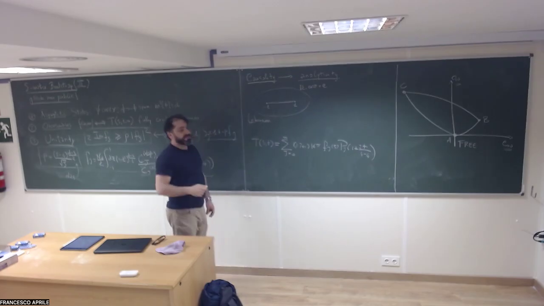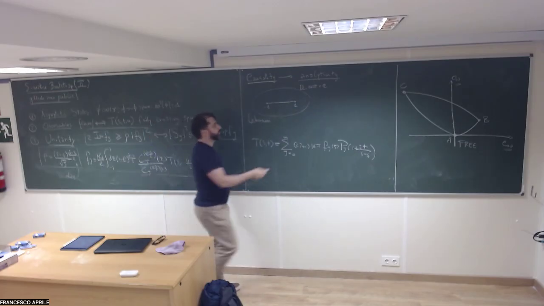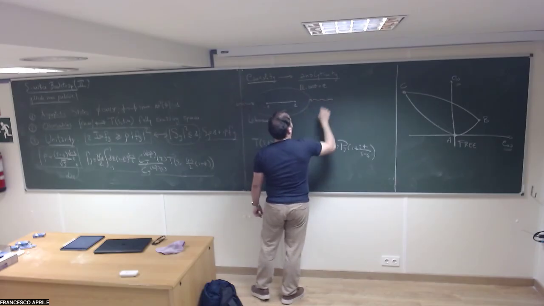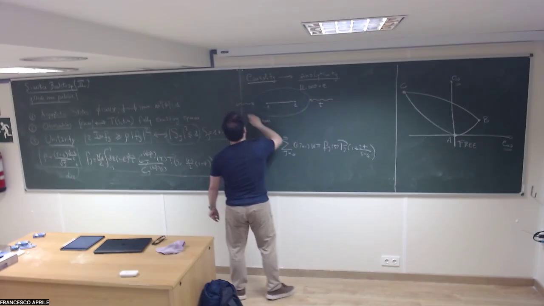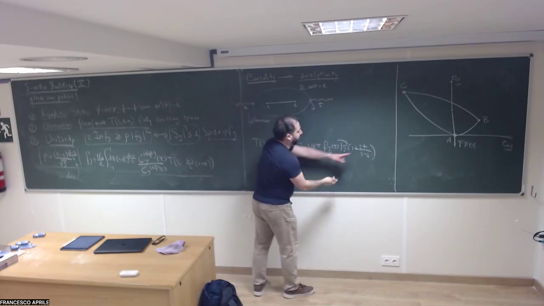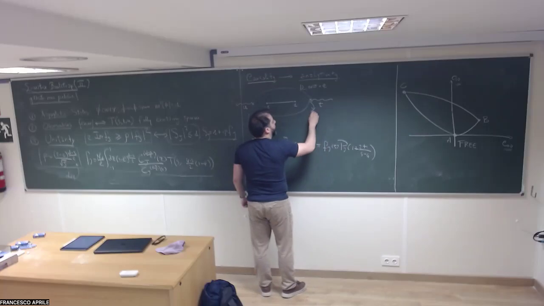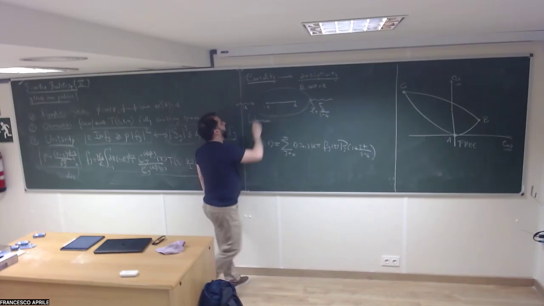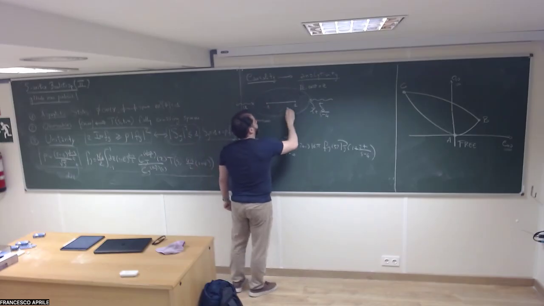In our case, the first singularity is the two-particle threshold. Like a cut here, a cut here. This would be the t-channel cut, and this would be the u-channel cut. This number is when t is equal to 4. So it's really 1 plus 8 divided by s minus 4.